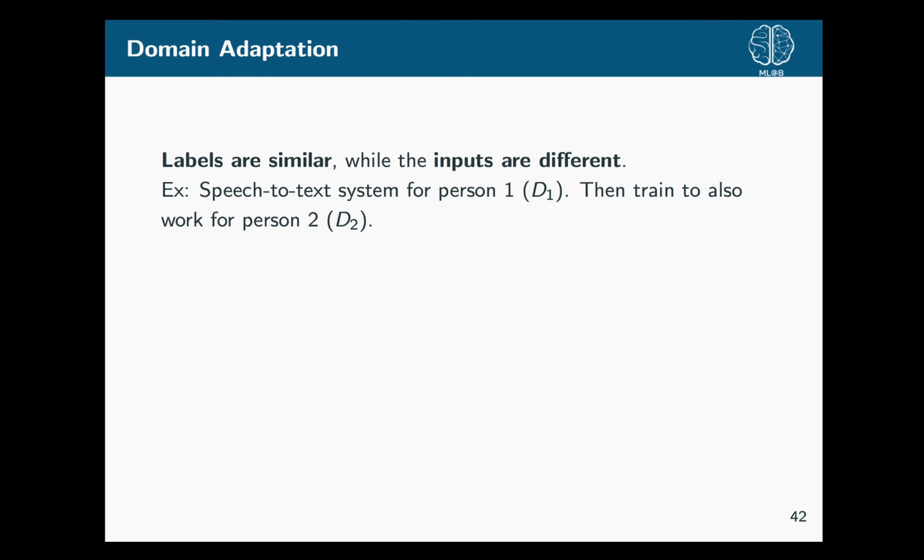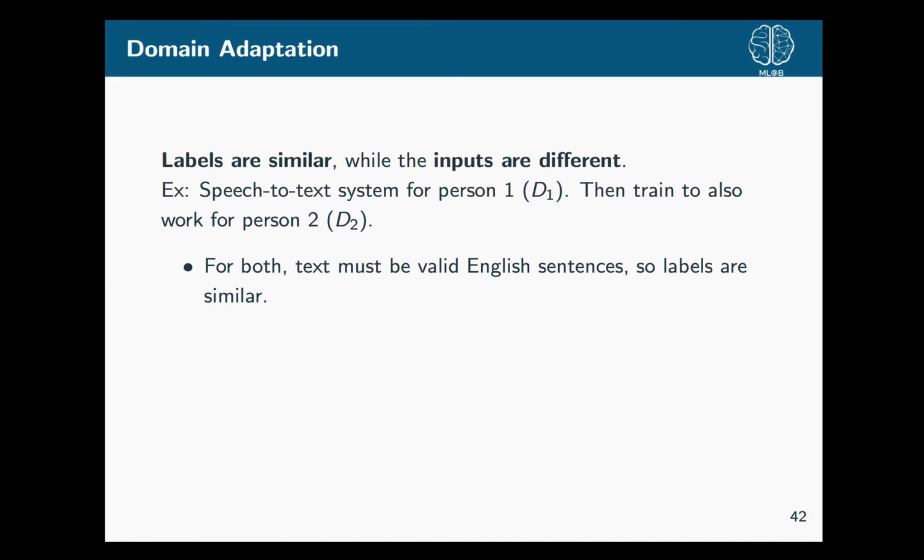And basically, the flip side of it is domain adaptation, where the labels are actually similar, but the inputs are different. An example would be speech to text. In this case, you need to take audio recordings and still spit out English, and you have to have syntactically, semantically good English.